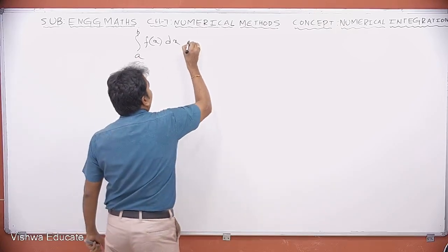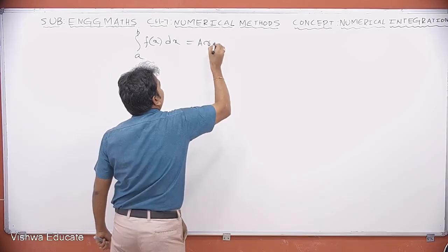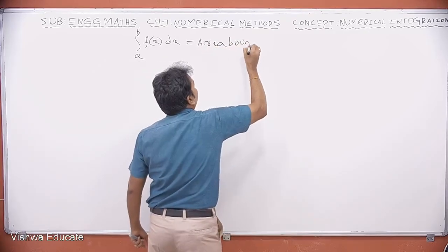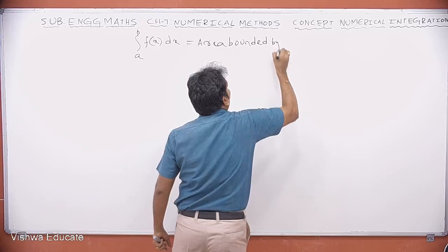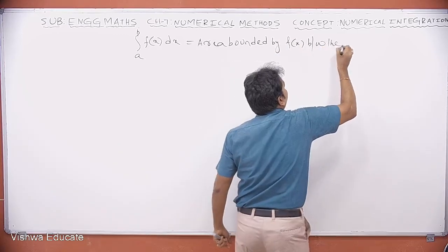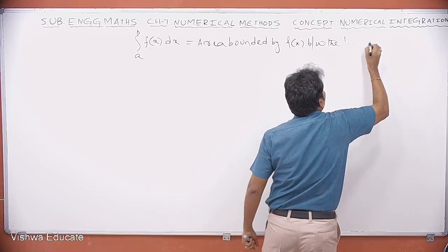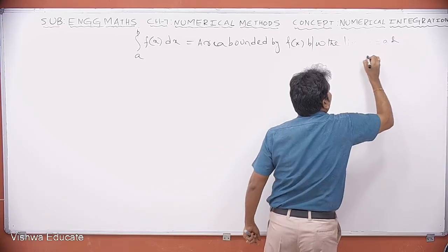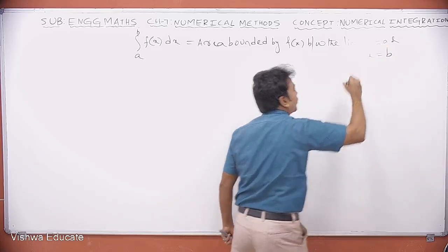So geometrically this represents the area bounded by f of x between the lines x equal to a and x equal to b.